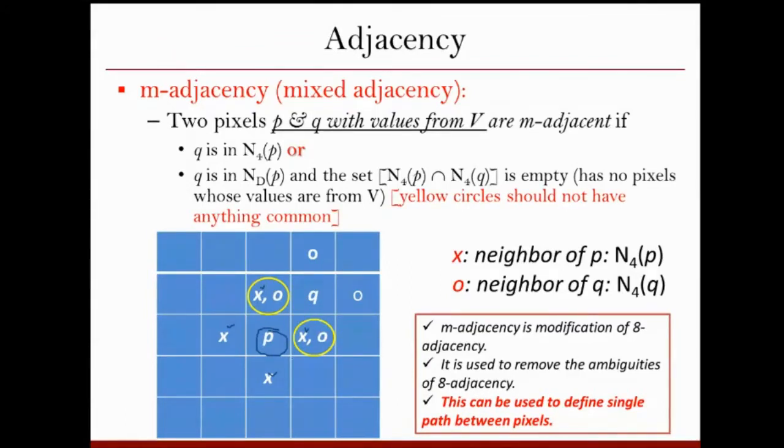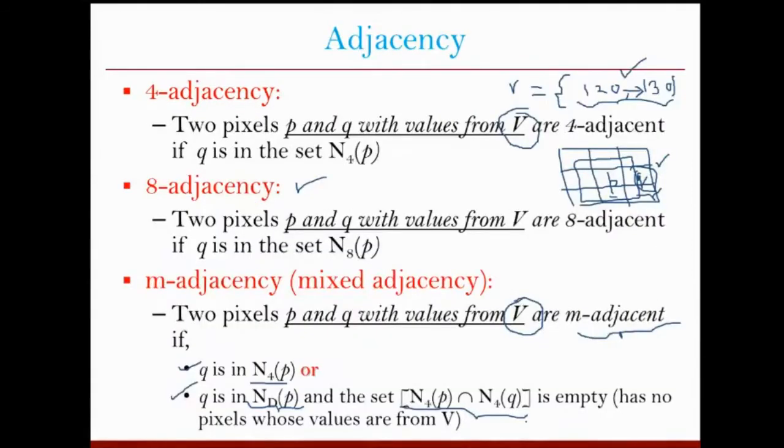P has all these neighbors X, X, X, X. And what are the neighbors of Q? Q has neighbors O, O, and O here. If you take the intersection of these 2 sets, you find that you get some overlap here. And this is what we are saying in the definition, that there shouldn't be any overlap.